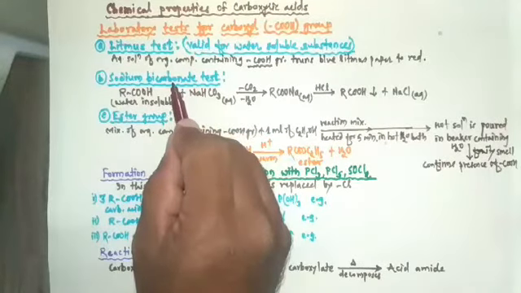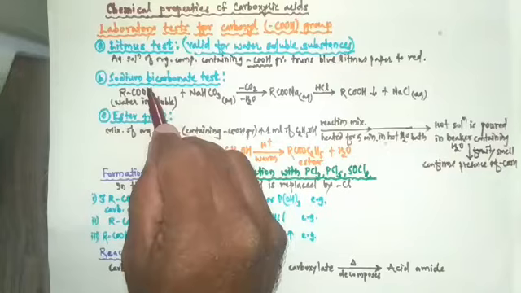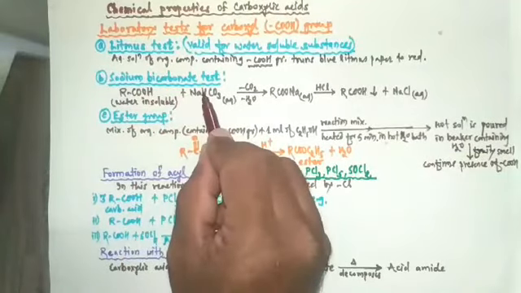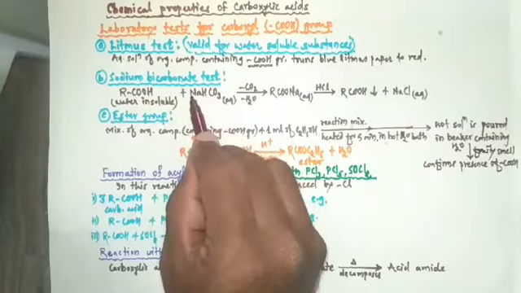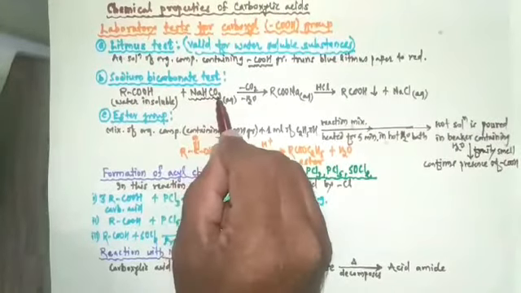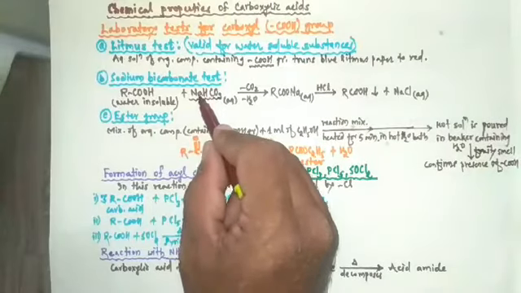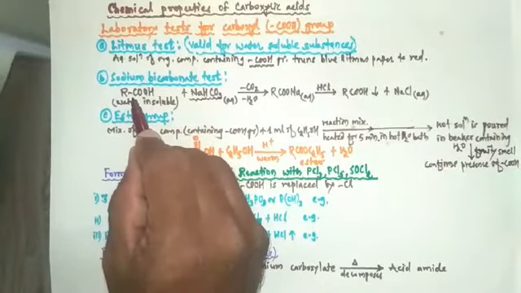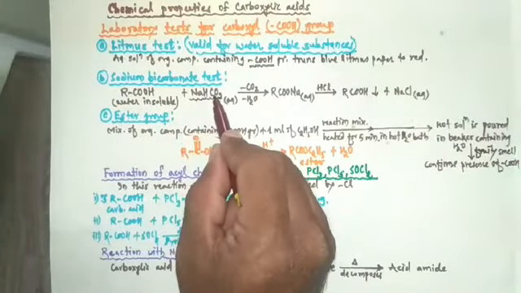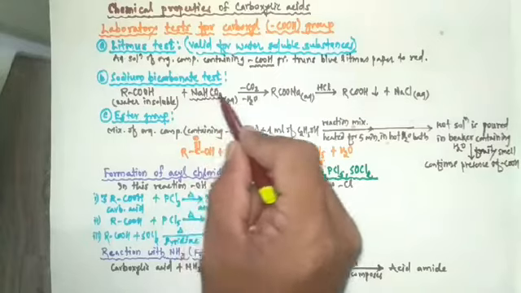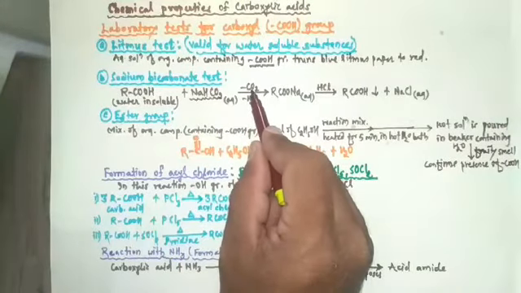When a compound containing a COOH group is reacted with sodium bicarbonate, the formula of sodium bicarbonate being NaHCO3, a brisk effervescence of CO2 gas is evolved.